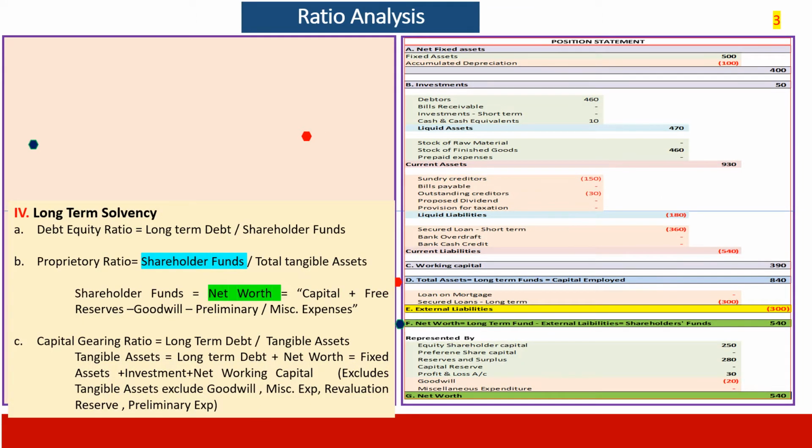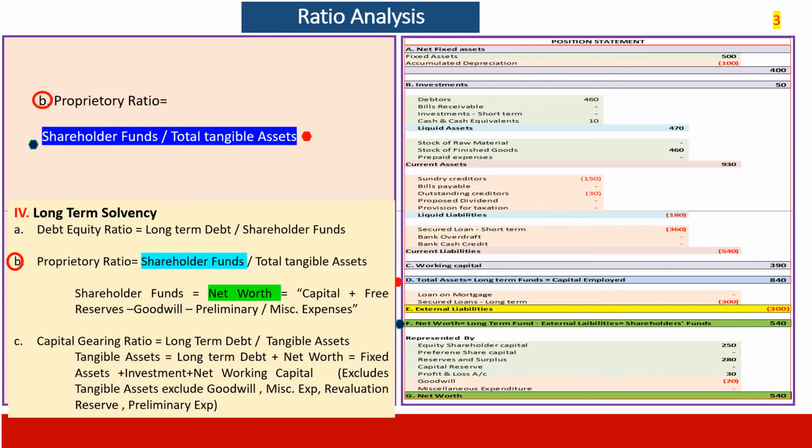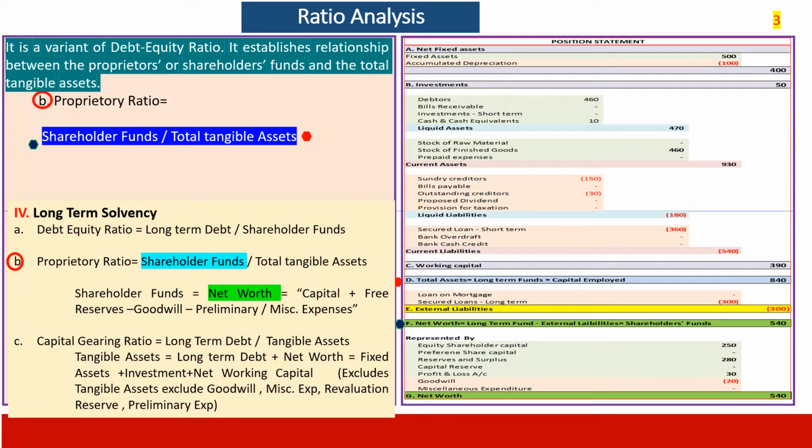Proprietary ratio means shareholders' funds divided by total tangible assets. Effectively, it means how much of the tangible assets are funded by the shareholders. It's a variant of the debt equity ratio. The spirit is the same: how much you hold in the company, how much external people hold in the company.